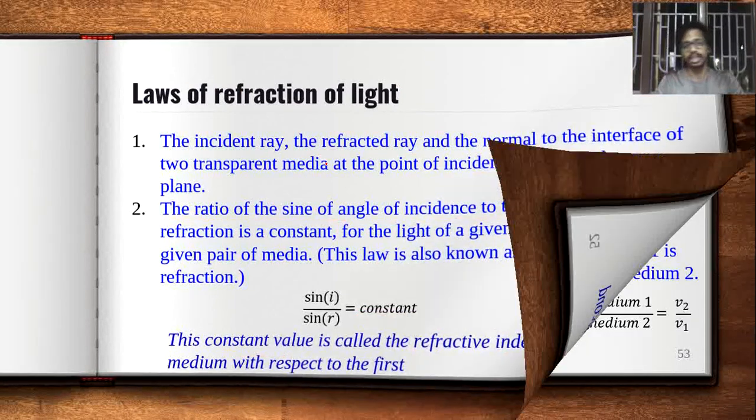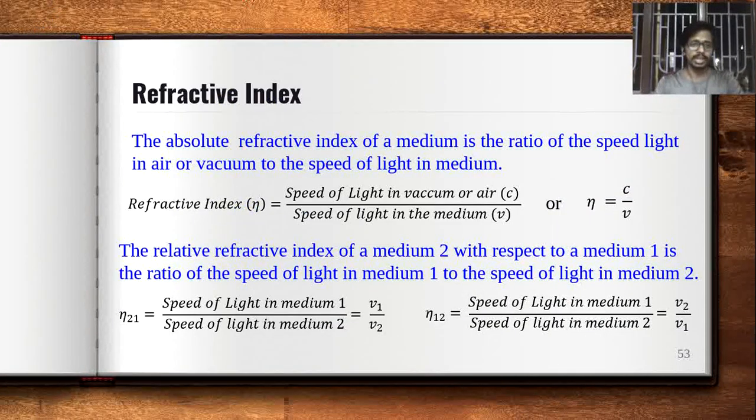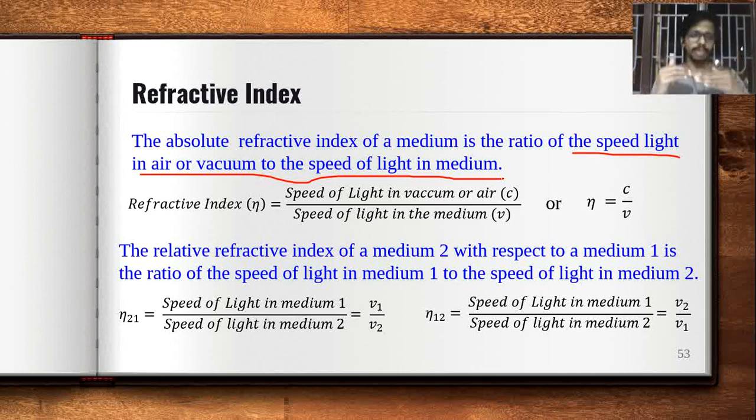We have discussed. Now, if we discuss in detail, the absolute refractive index of a medium is the ratio of the speed of light in air or vacuum to the speed of light in the medium. But we consider the refractive index of air as 1, meaning with respect to air. Whenever we compare any medium, we take air as the reference.